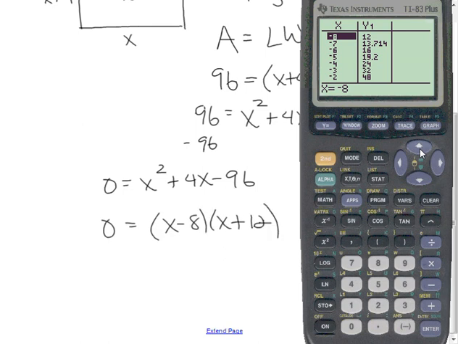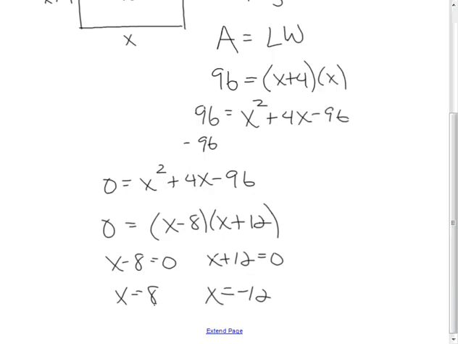Then I'm going to use the zero product property for this, which says x minus 8 equals 0, x plus 12 equals 0. And then solve: x equals 8 or x equals negative 12. Well, it makes sense for me to get two answers here, but the key thing you need to realize is that the dimensions are not 8 and negative 12.